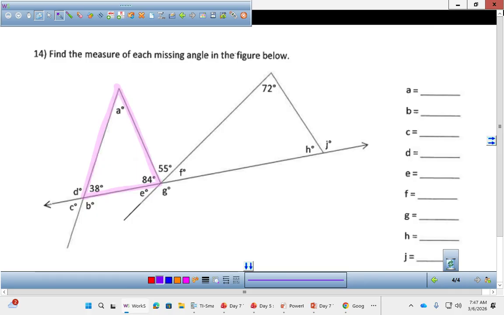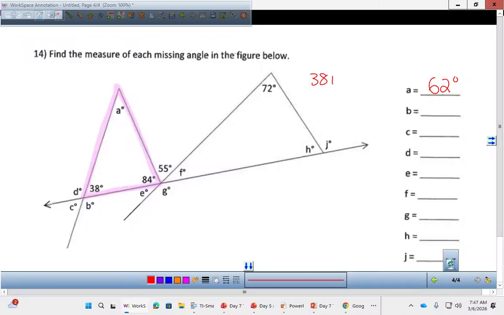All right, so let's see. We've got, so for this A, we're going to do 38 plus 84 plus A equals 180. 112.